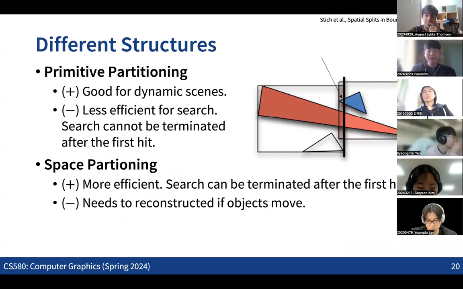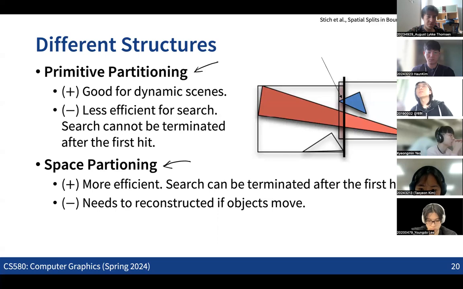But the problem is that when you have dynamic scenes, for example with animation where all the primitives are moving in the space, we will need to reconstruct the whole hierarchical structure for space partitioning. While with primitive partitioning, when all the primitives are moving dynamically, we can just keep the same hierarchical structure.